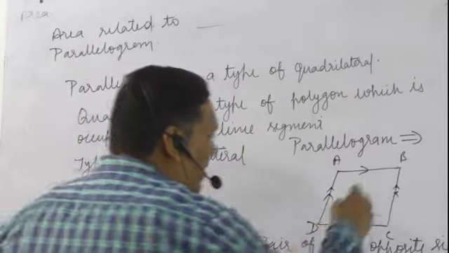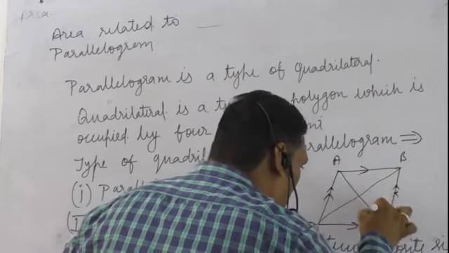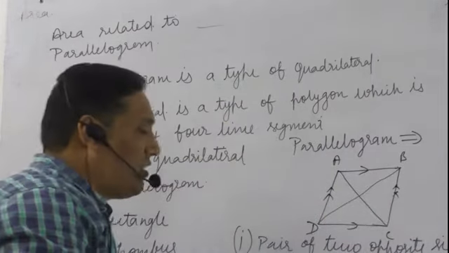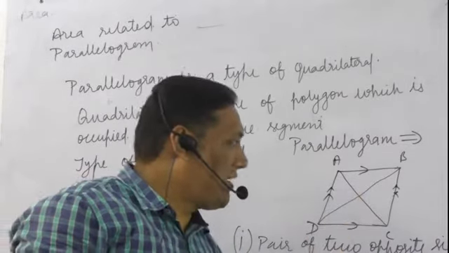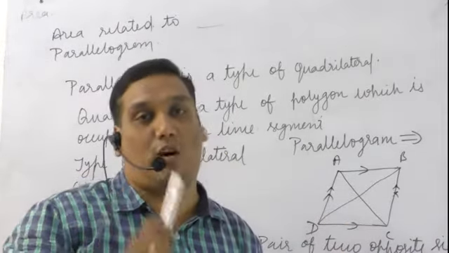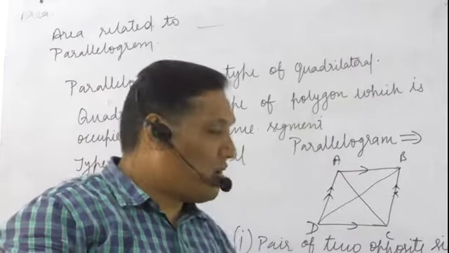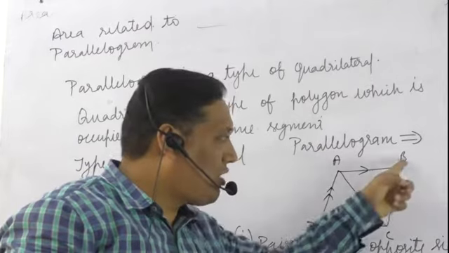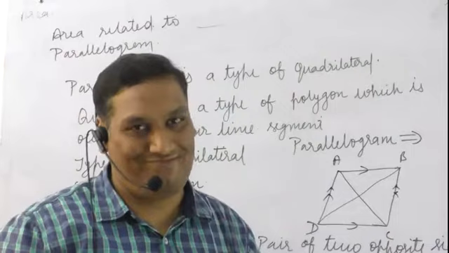And diagonal, you know what is a diagonal? A diagonal of a quadrilateral is a line segment which joins two opposite vertices.